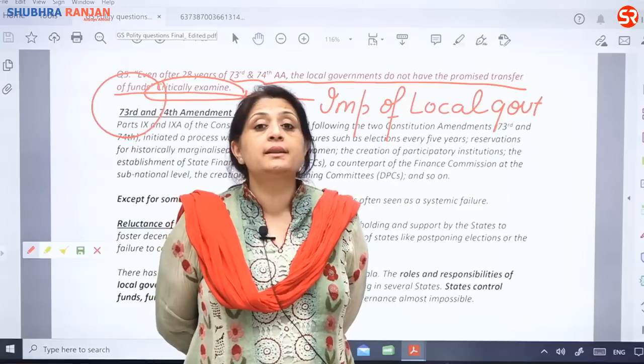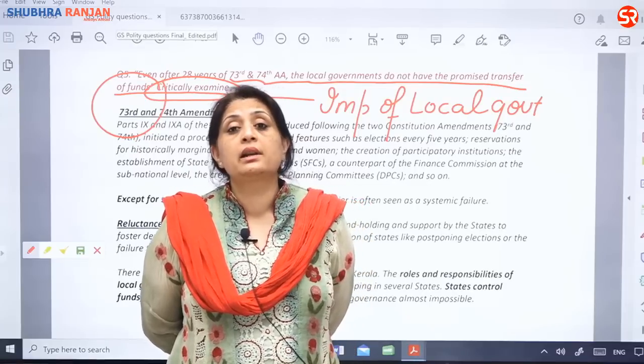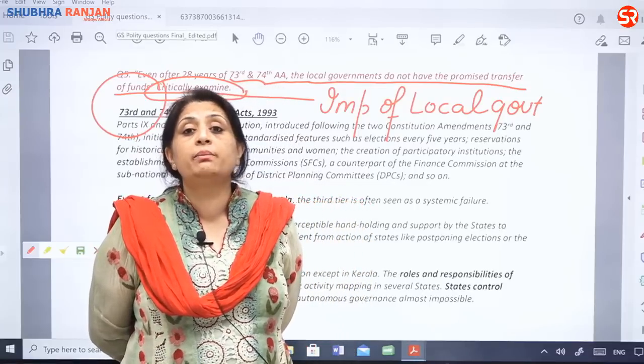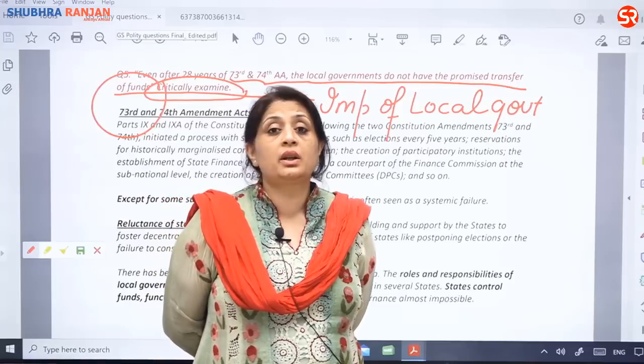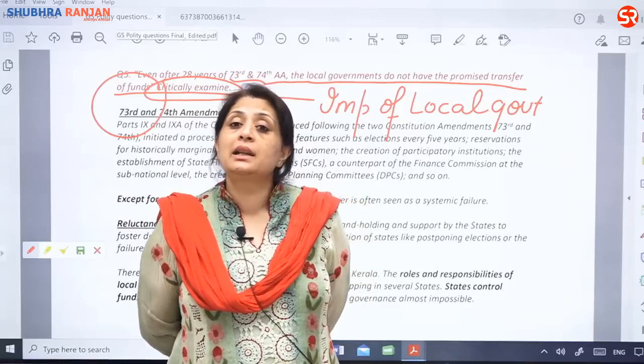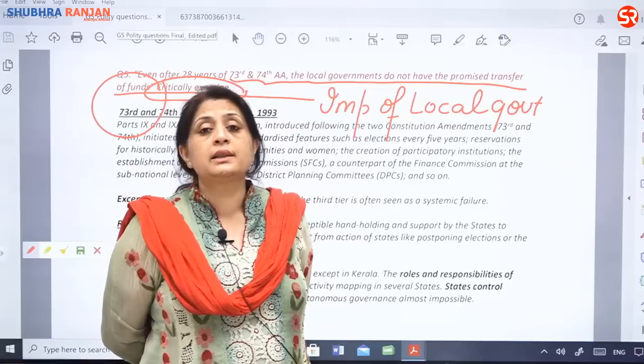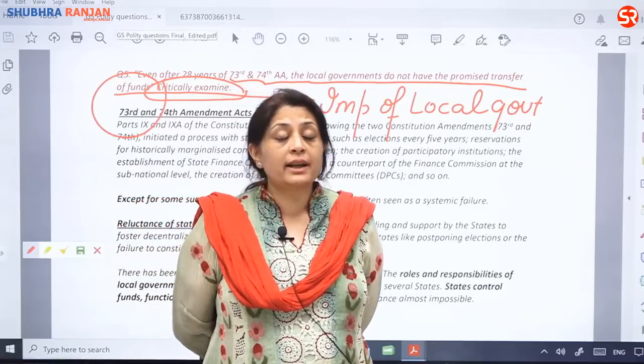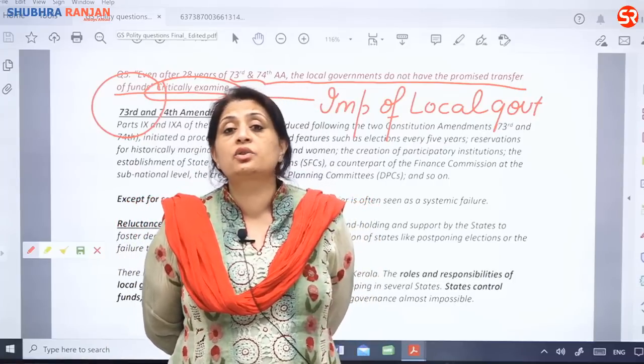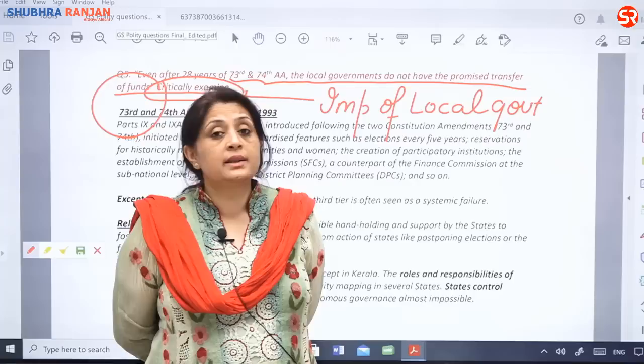The Economic Survey of 2018 has mentioned the low equilibrium trap, by which it has pointed out that in comparison to other countries, the status of panchayats or local self-government is bad.